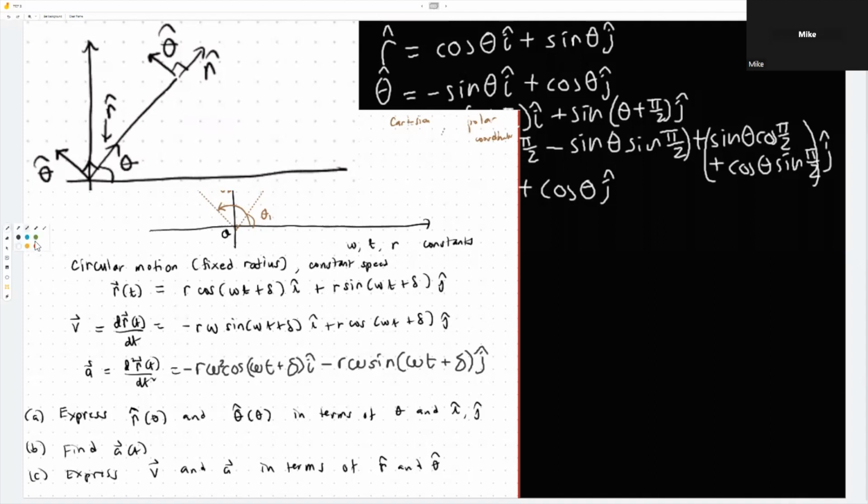So the square root of that one. Square root of this abomination.